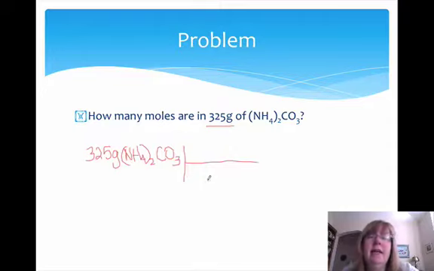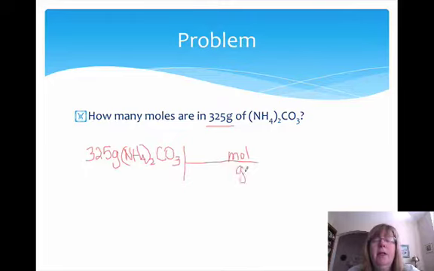It's not a standard number. It's not a constant number. We're going to have to calculate the molar mass using atomic weights on the periodic table and our formula. But we know we're going to put mole in the numerator, because that's what we want, and we're going to put grams in the denominator.